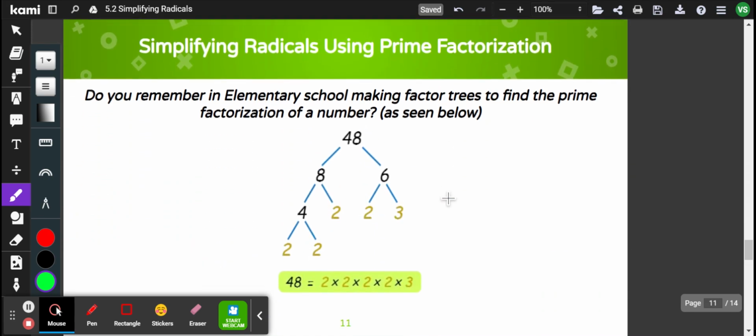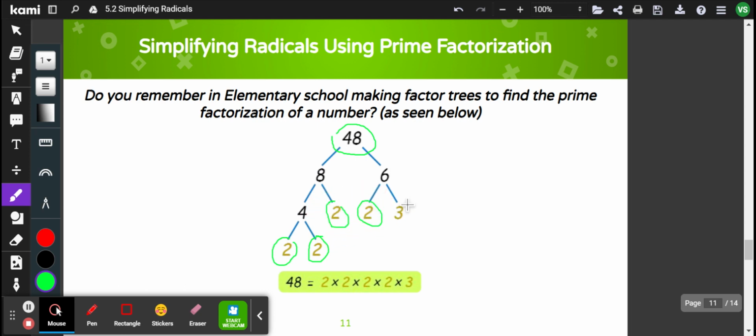Now, this is the way you do prime factorization, and this is what you would use to simplify radicals using the prime factorization method. This is what is called a factor tree. I'm breaking 48 down into prime numbers.